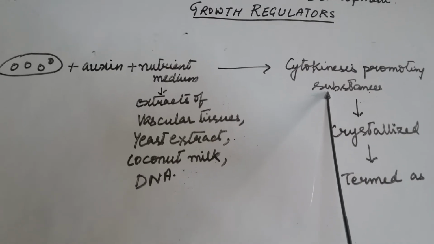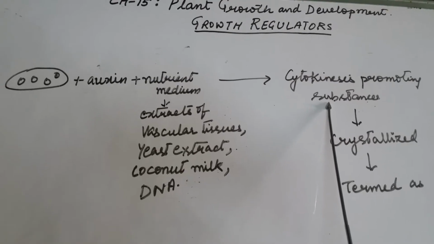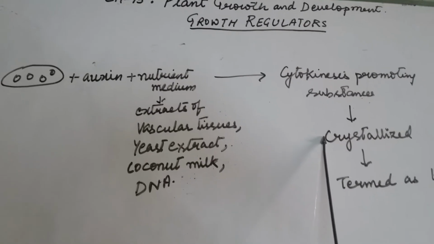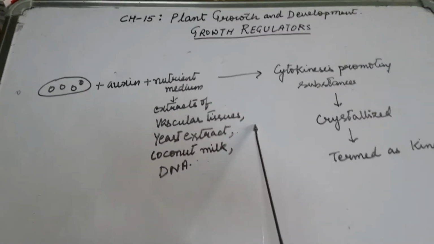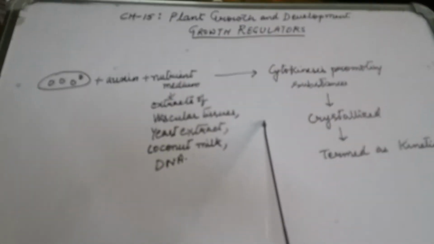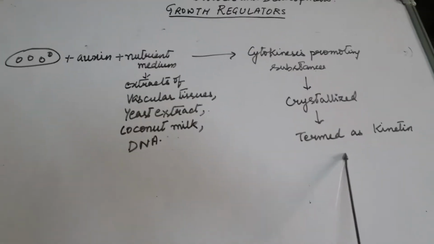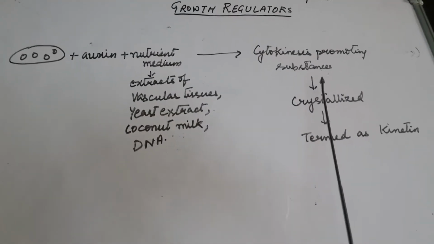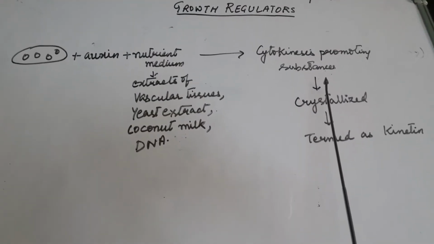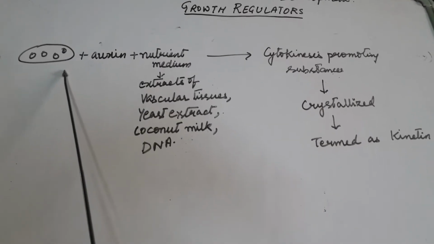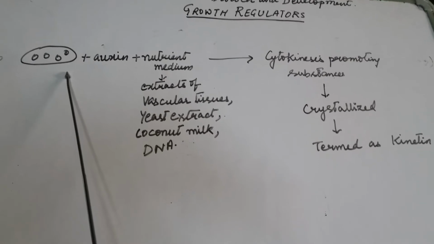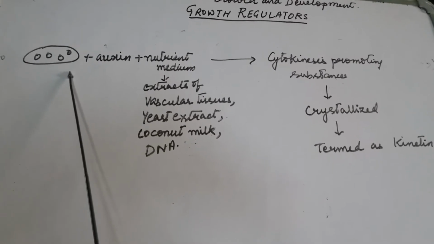These cytokinesis promoting substances that are released are then crystallized and they are termed kinetin. That means the growth promoter can also be termed kinetin, where cytokinin promoting substances are released from a few masses of cells, that is callus.